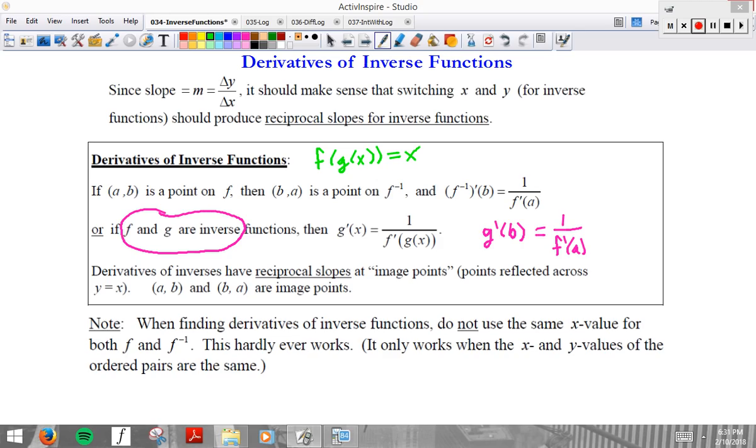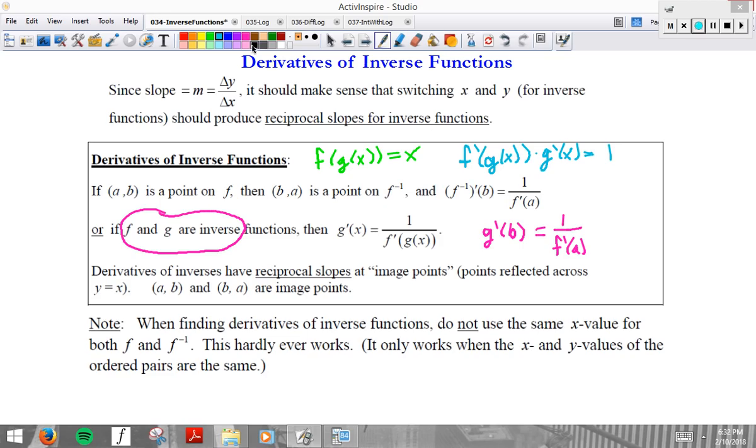If you differentiate both sides, you would get the chain rule on this side, and as I said in one of the videos this unit, I'm going to keep trying to show you the chain rule as often as possible, equals the derivative of that side. See? Okay, so that's a proof of this formula. That's the proof that it works.